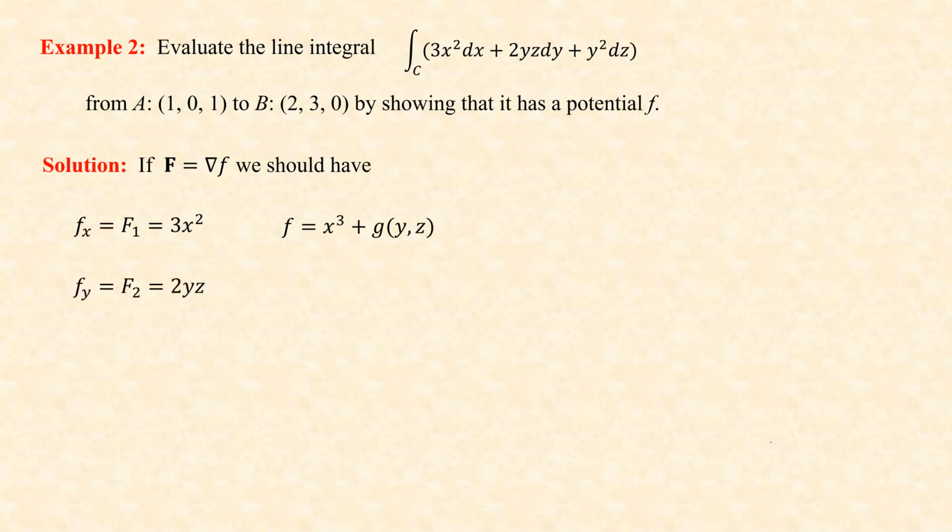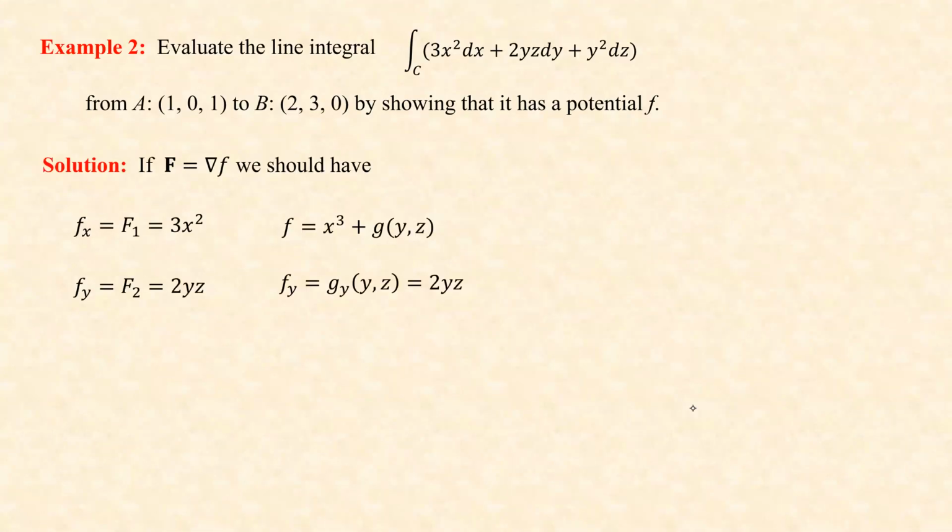And then fy should be equal to f2, which is 2yz. Let's take the derivative with respect to y of what we had here. This one is not a function of y, so it becomes just the derivative with respect to y of g equal to 2yz.